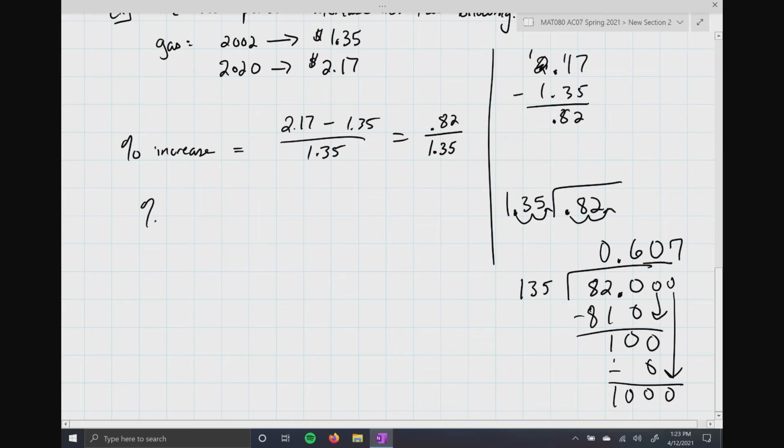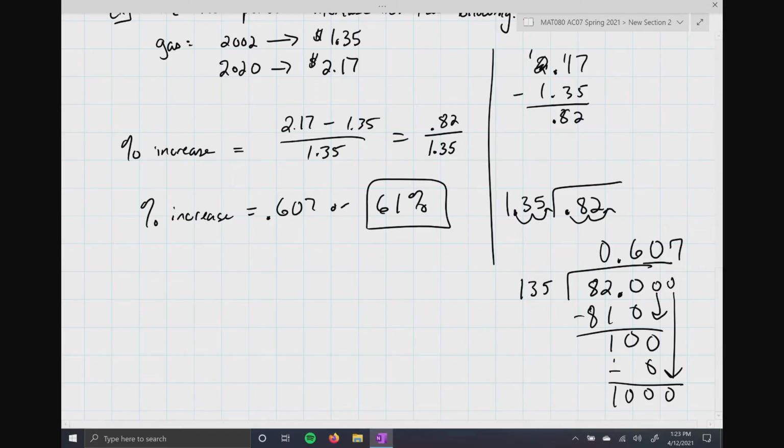So my percent increase is 0.607 or 61%. So when you look at gas and you compare it to the price of a stamp, gas has definitely gone up a lot. It's gone up by 61% since 2002.